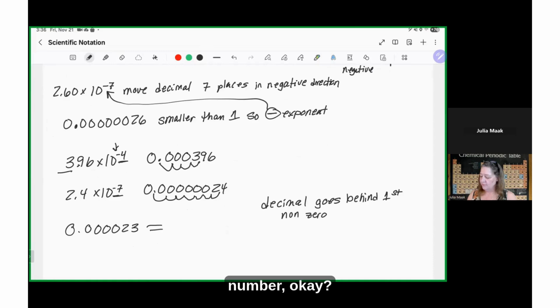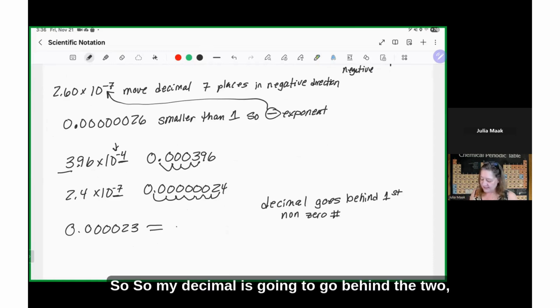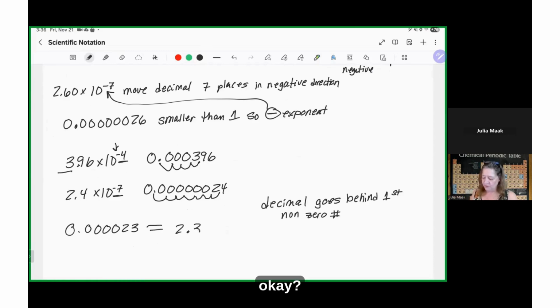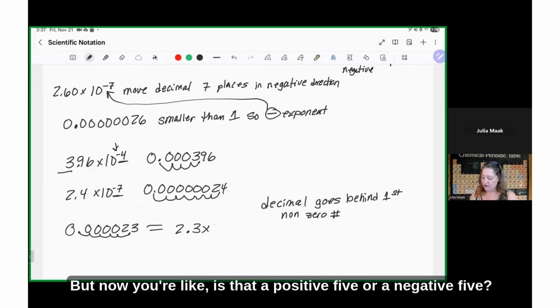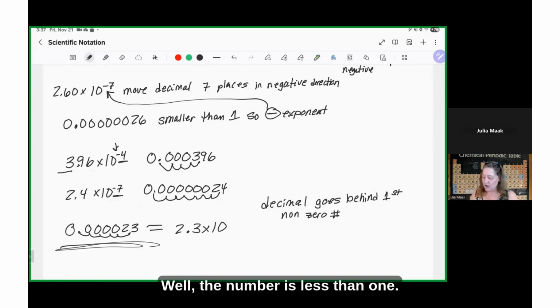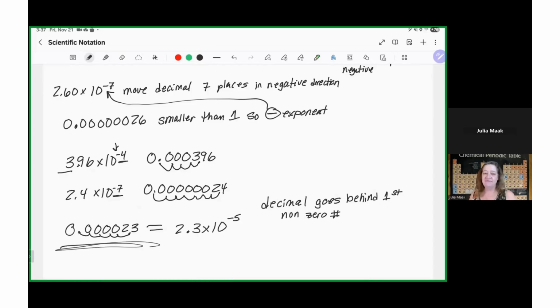So my decimal is going to go behind the 2. Now you might be like, I'm moving my decimal 1, 2, 3, 4, 5 places, but is that a positive 5 or a negative 5? Well, the number is less than 1, so it is a negative 5.